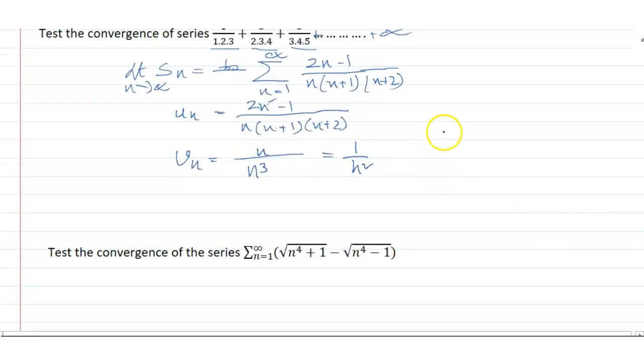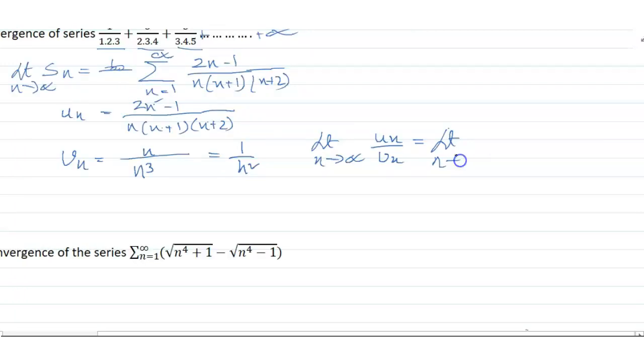Now we will see the limit n tends to infinity of un by vn equals the limit of 2n minus 1 times n square over n into n plus 1 into n plus 2.